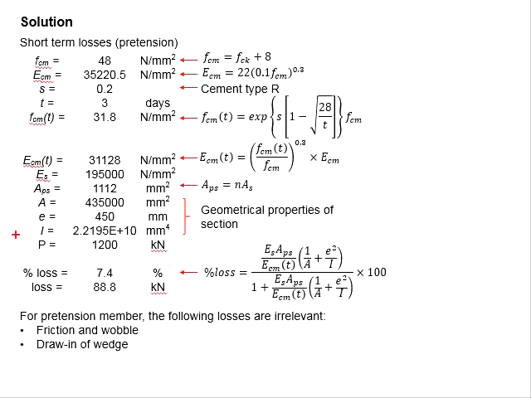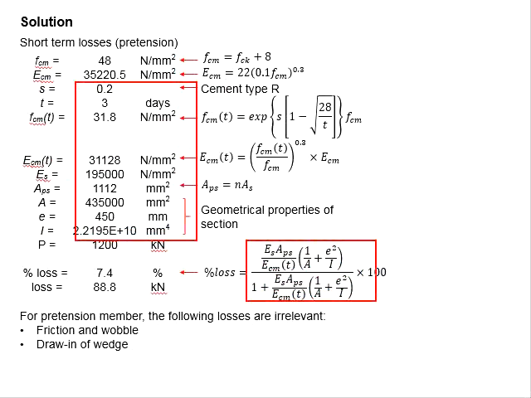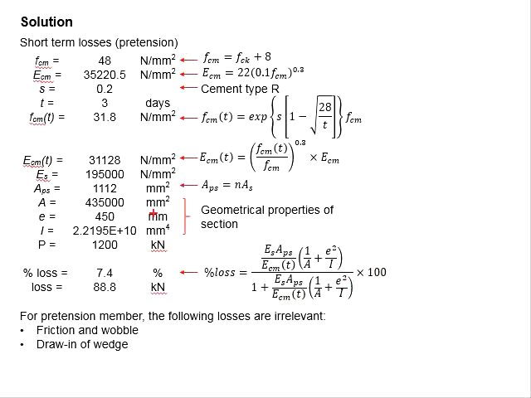And the pre-stressing force is 1200 kN. Substitute all the relevant values into the equation here, you obtain the percentage of losses equal to 7.4%. In terms of magnitude, it is about 88.8 kN.